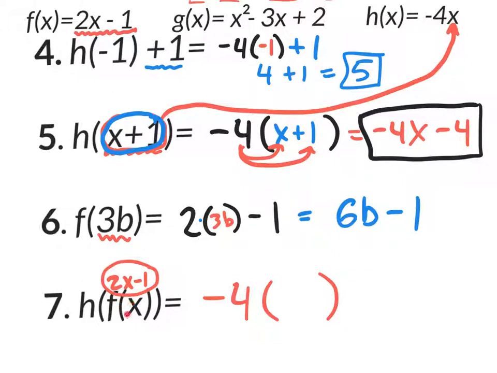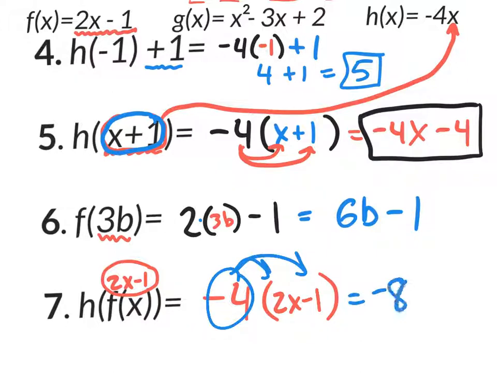And we know that f of x is really 2x minus 1. So we need to actually plug in the 2x minus 1 into the h function right there. So when you plug in 2x minus 1, then you could distribute and get your final simplified answer, which is negative 8x plus 4. Kind of crazy? A little.